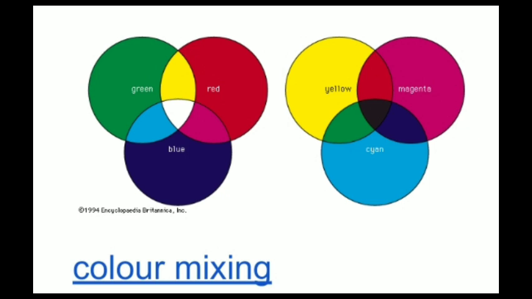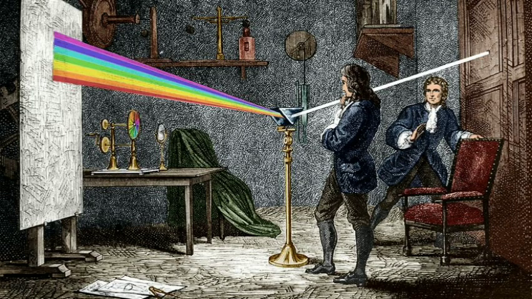Colors that are diametrically opposed on the color circle, such as yellow and blue-violet, green and magenta, or cyan and red. Intermediate colors can be produced by mixing light beams.